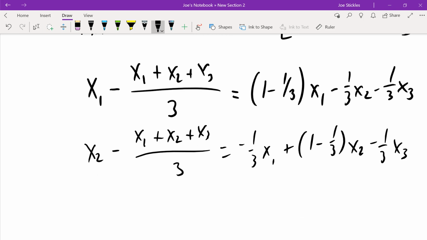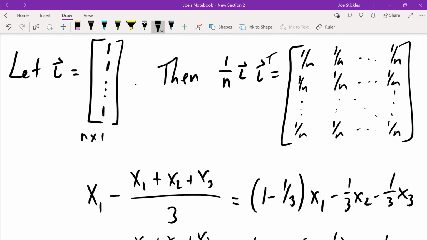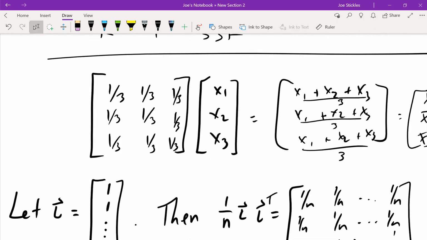Okay, so let's go back up to this multiplication that we did here. When we did this multiplication, we took the 1/3, the 1/3, the 1/3, and multiplied it by each of these, right? And added them together. And then likewise down the rows, right?